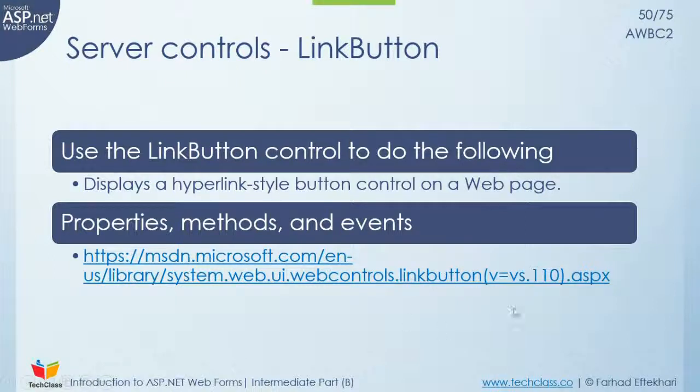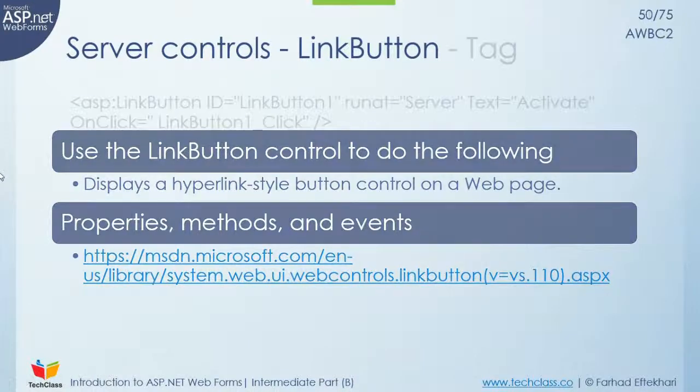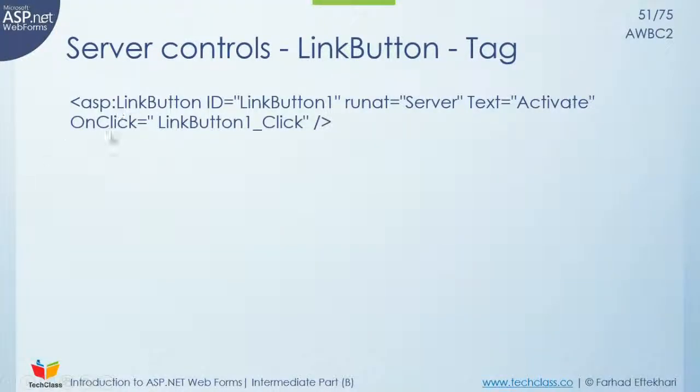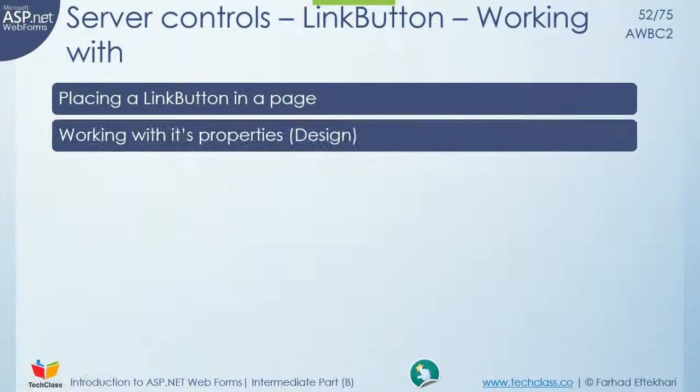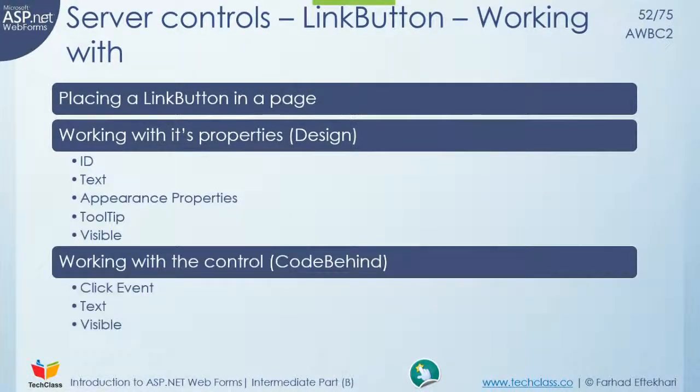We can read about the properties, methods, and events of this control on this link. And here is the tag that we have to use if you want to place a link button. The difference is this LinkButton part and then this text, or whatever text you would like to show to the user. Also the properties are the same.